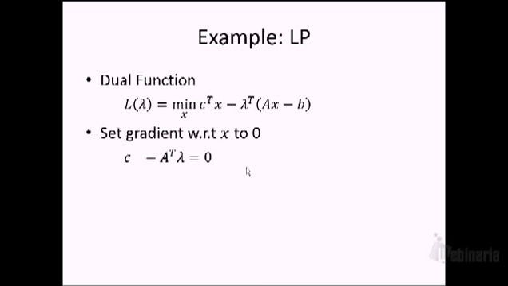And we can note that we can write the Lagrangian in the form (C minus A transpose lambda) transpose x plus lambda transpose B.